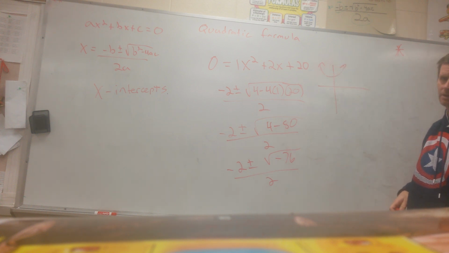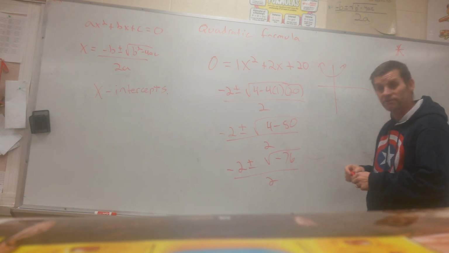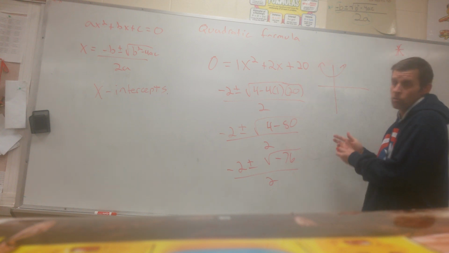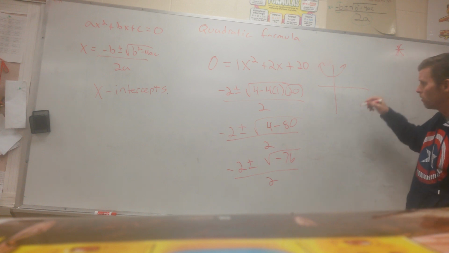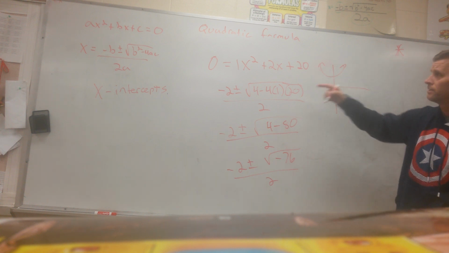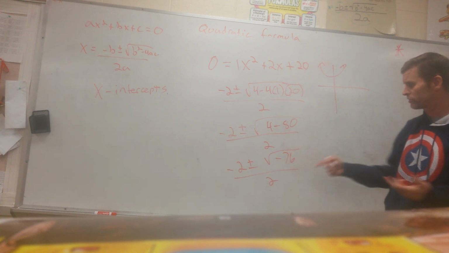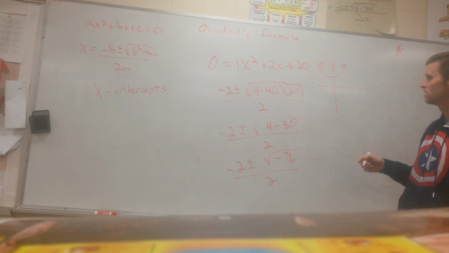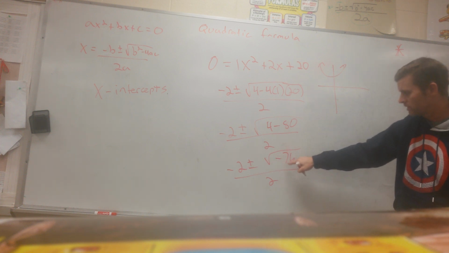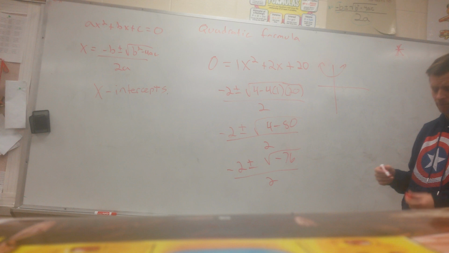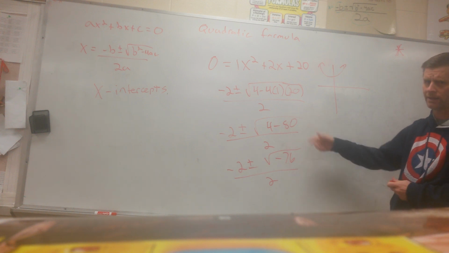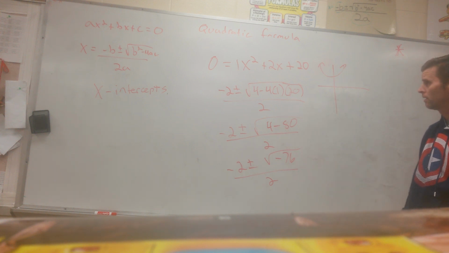There are no x-intercepts. So you get a question on your next test like, what are the x-intercepts? Well, if it comes out, whatever your two answers are, those are your x-intercepts. If it comes out where this is negative, there are no x-intercepts. And we'll talk more about that in the next chapter as well, okay?